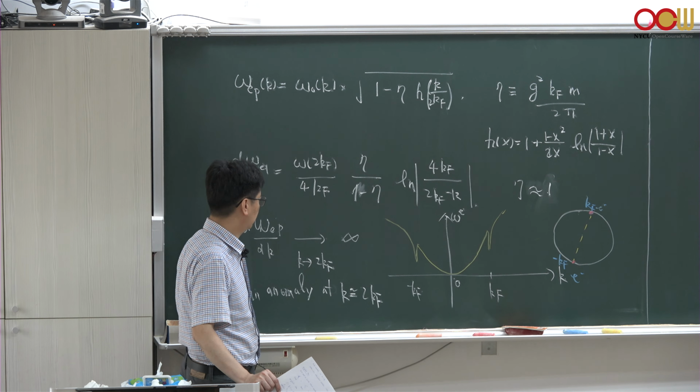And so when that happens, both the electron band and the phonon band will show some anomaly, which means that some singularities happen in their spectrum. For example, if you look at the electron dispersion for free electrons, we get a perfect quadratic band, right? So this is k squared.